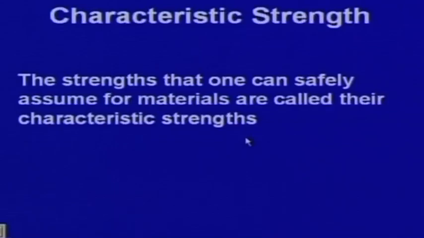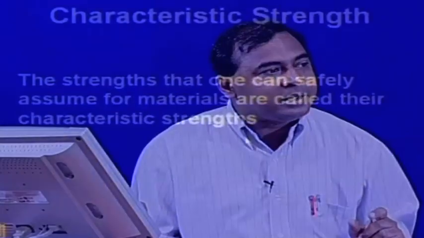So, this is the strength for each material. You should have one characteristic strength, that is the maximum limit we can consider for that particular material. We shall not assume that one for our design, but we shall start from that particular strength.